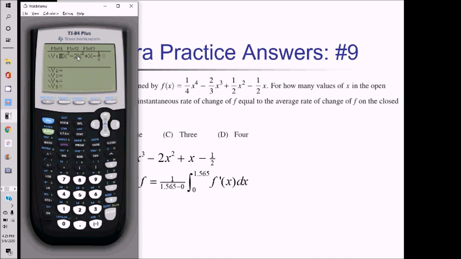So let me go back out now, and I'm going to do a fancy fraction here, 1 over 1.565, and then I'll multiply that by the integral, so math 9, from 0 to 1.565, and I'll have alpha trace y1 in here because that's where I just stored f prime. There is a dx, and if I press enter here, that's going to come out to this crazy value, negative 0.392.